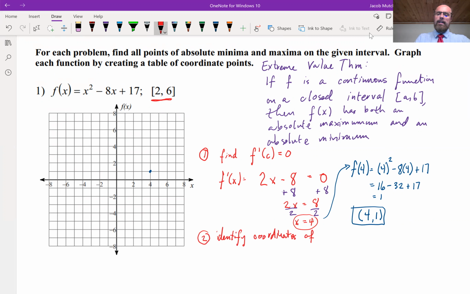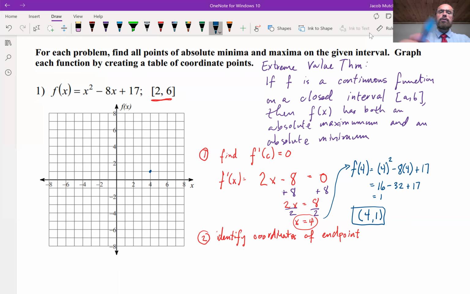And the way that I do that is I'm going to pick up the extreme values on the interval, 2 and 6, and I want to plug those in, just like we did with the 4 here, to the original function and calculate the y values.